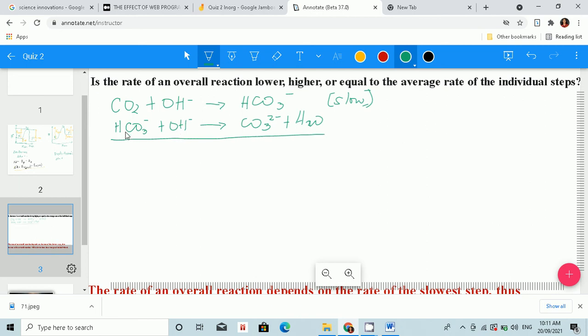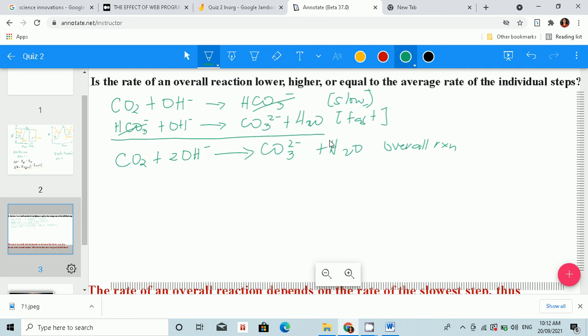So now we have CO2 plus 2OH minus yields to CO3 2 minus plus H2O. So this is our overall reaction. And the second step is a fast reaction.